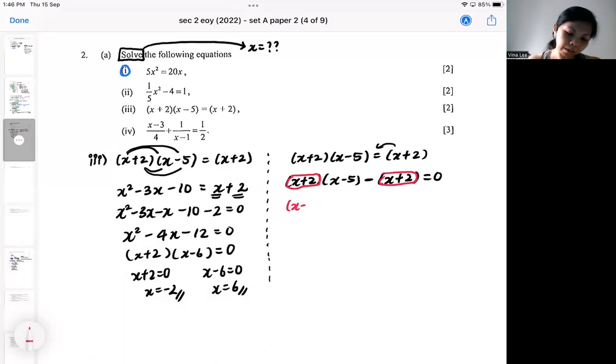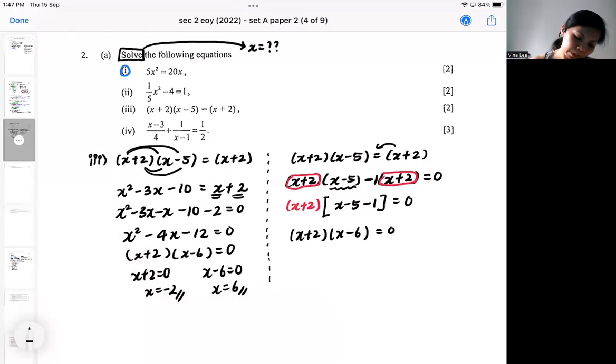So to me, that is a common factor. I'm left with this and this. So when the common factor is being taken out, I'm left with x minus 5 minus 1. So eventually, I still got the same two brackets. So you realize that it's the same bracket.